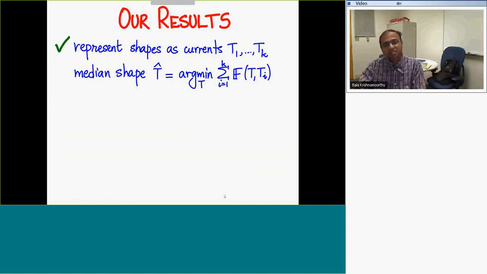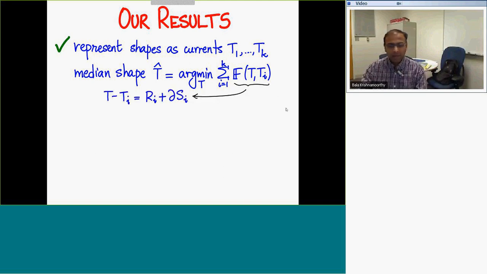What we've done is represent the shapes as integral currents, or currents in general. Some of the definitions hold for more general currents, but the properties that we have proved are for integral currents. The actual definition of the median shape is the one that minimizes the sum of the flat distances between the candidate and each input current. So argmin of the sum of flat norm distances between T and Ti.